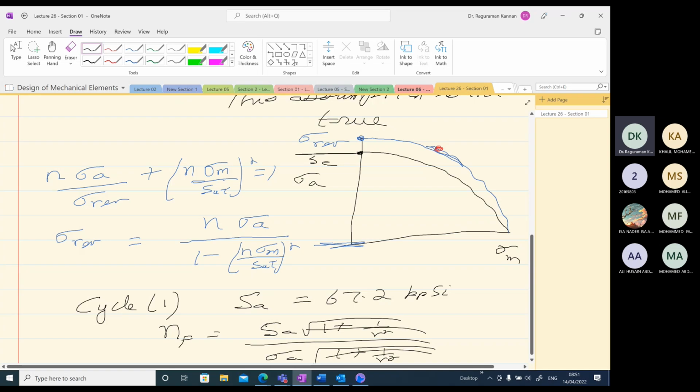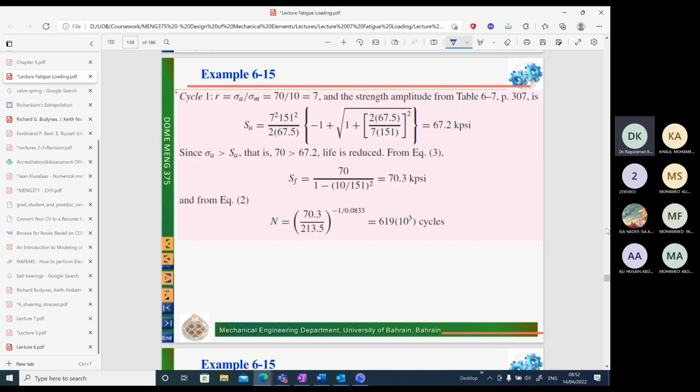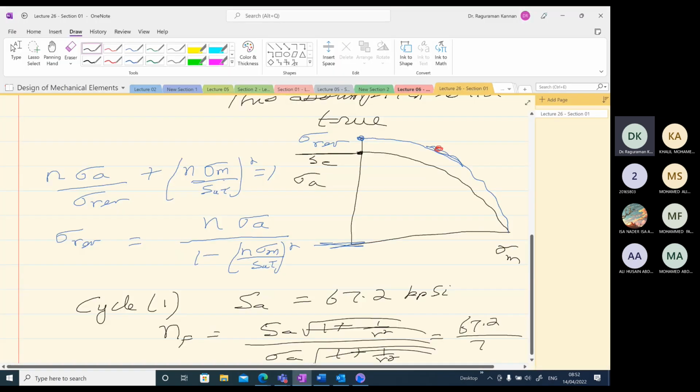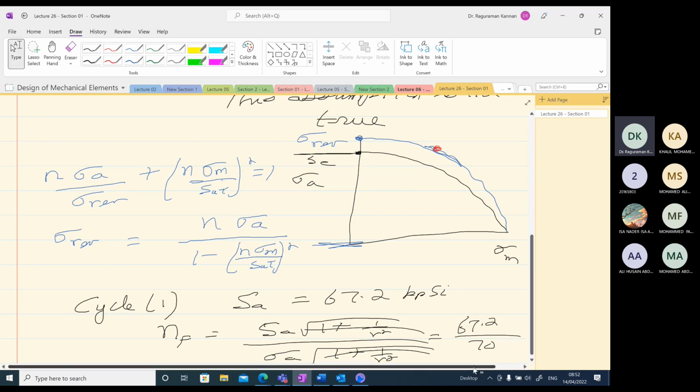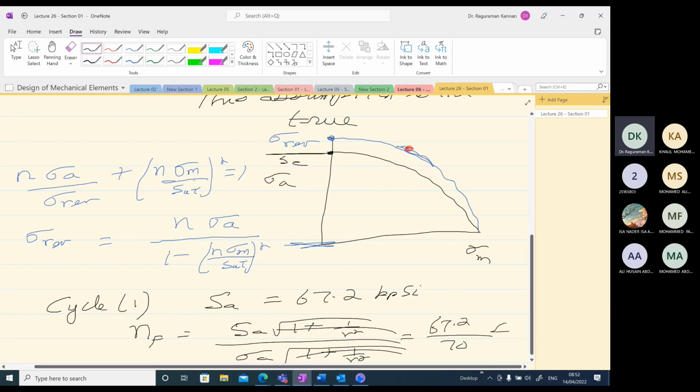These terms will get cancelled and you will simply have SA over sigma A. What's the sigma A value? For cycle 1, it is 70. So obviously, what we find here is less than 1, which means we have finite life.